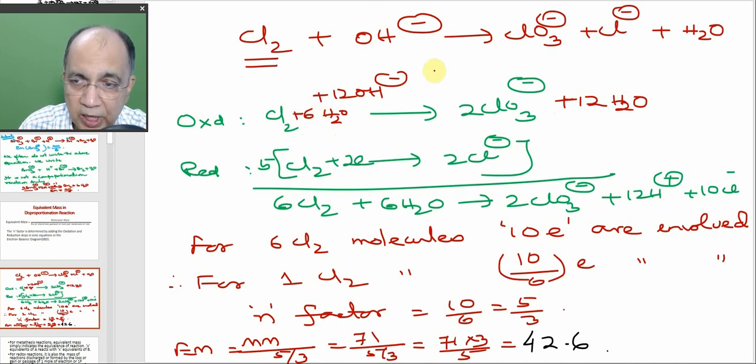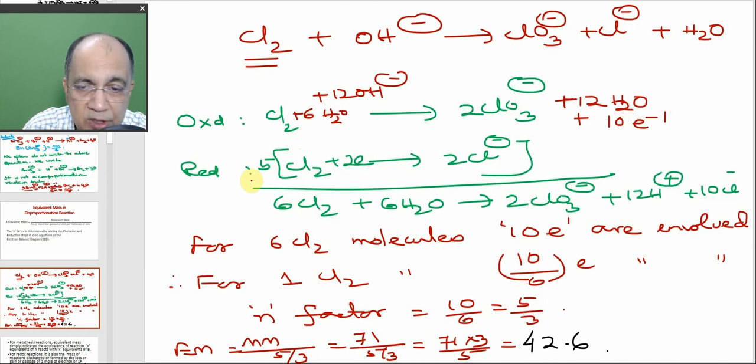There is minus 12, there is minus 2, so this will be 10 electrons. And you can simplify. Then when you add up, it will be 10 electrons, 5 multiplied to the second, and in the second reduction step, chlorine is giving 2 chloride, and so 2 electrons, no addition of water, no addition of OH minus, so you are lucky in this step. So to cancel the electrons, you multiply by 5.